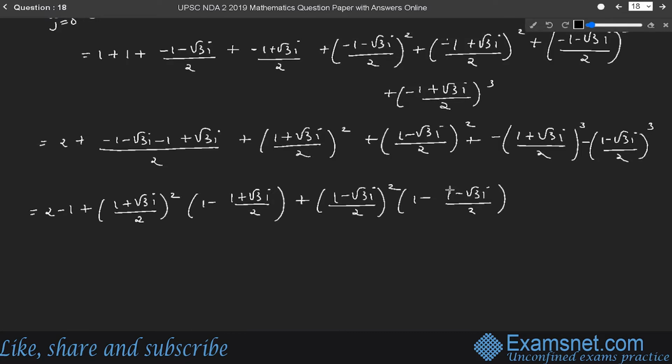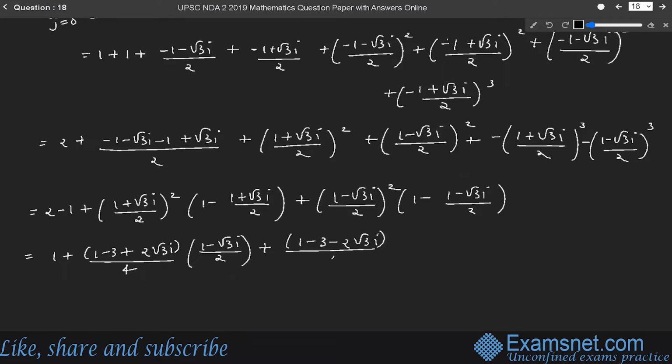On further solving, it will be equal to 1 plus ((1 minus 3 plus 2 root 3i) divided by 4) into (1 minus root 3i) divided by 2 plus ((1 minus 3 minus 2 root 3i) divided by 4) into (1 plus root 3i) divided by 2.